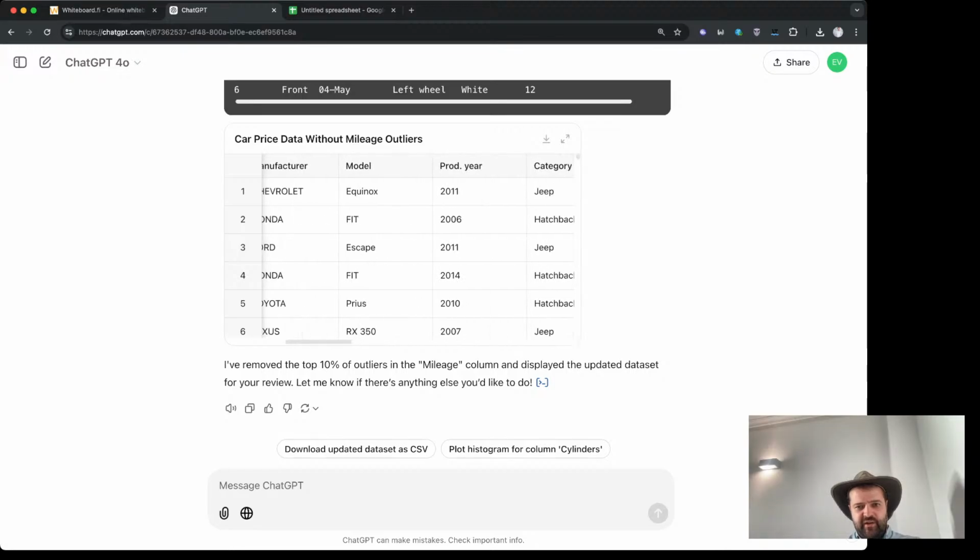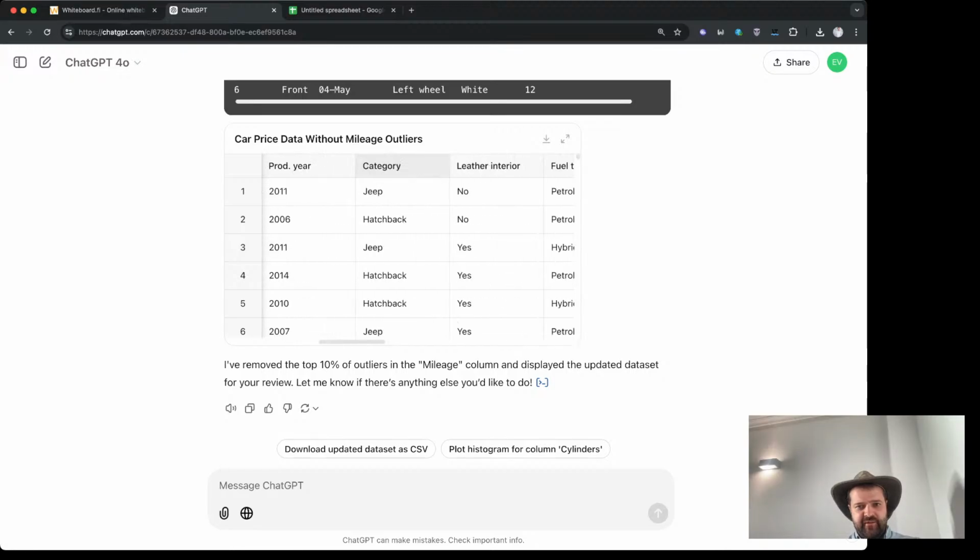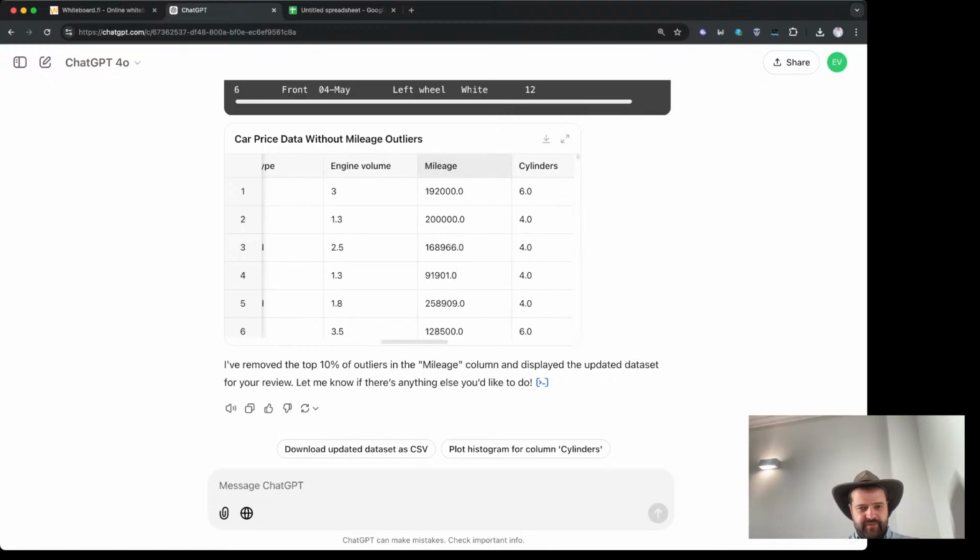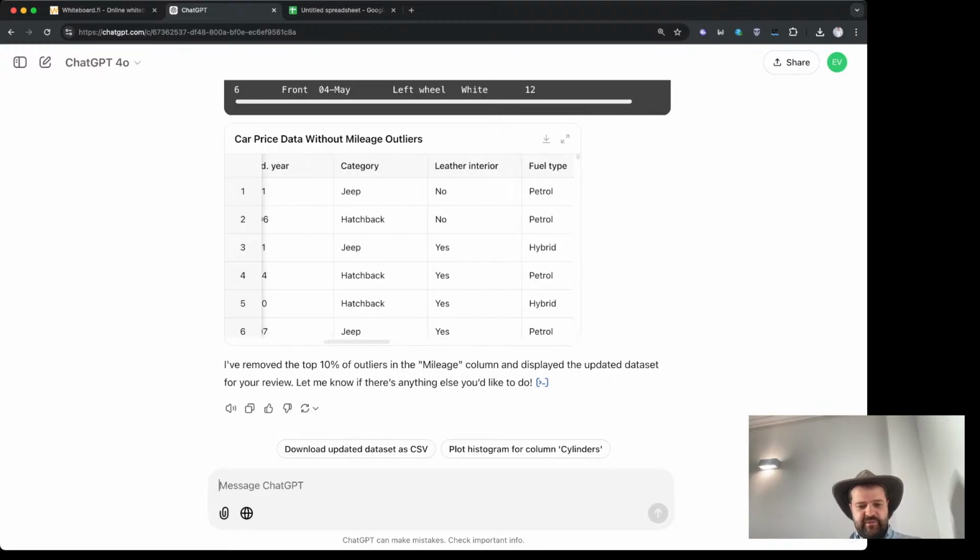So I have production year and I have the mileage as my inputs. Okay, so I can ask for the minimal and maximal value of production year, and mileage.